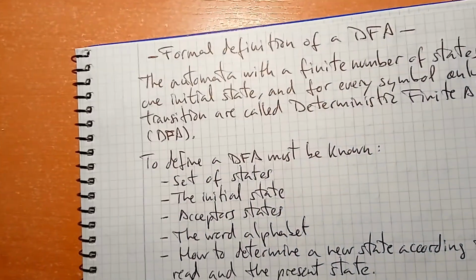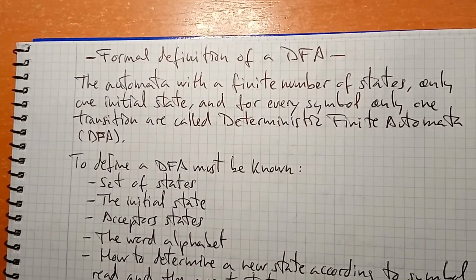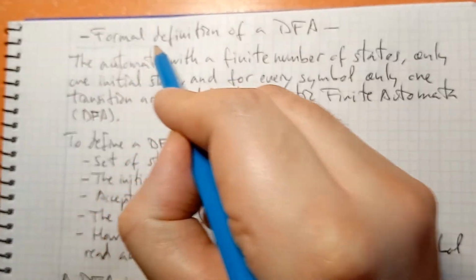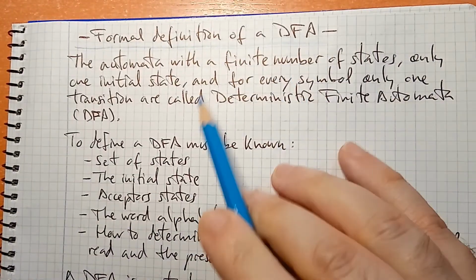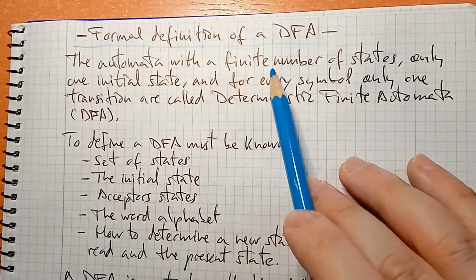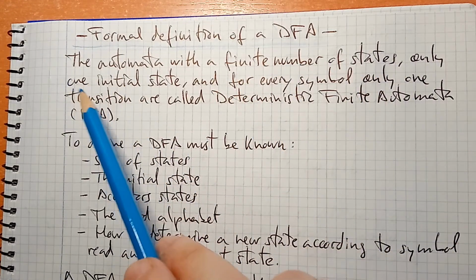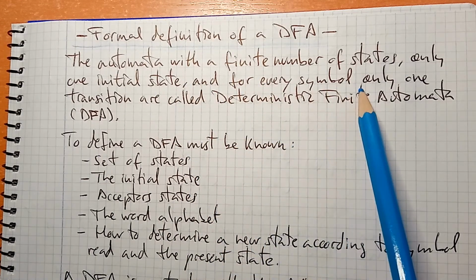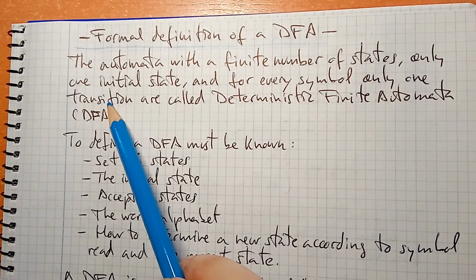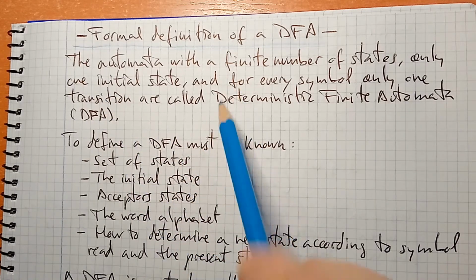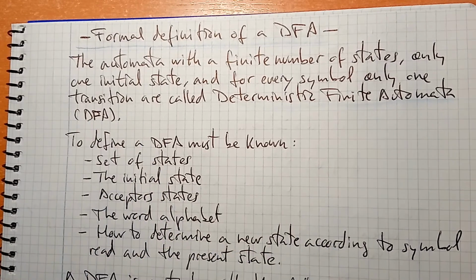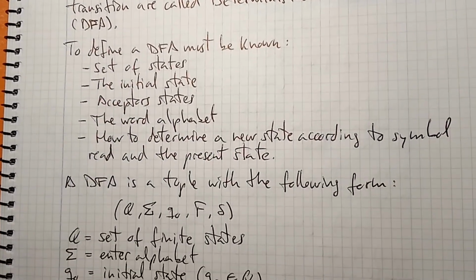Then, new topic. Formal definition of a DFA. The automata with a finite number of states, only one initial state, and for every symbol only one transition, are called deterministic finite automata, or DFA, like we have been seeing.